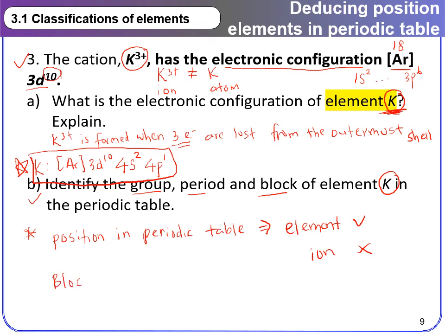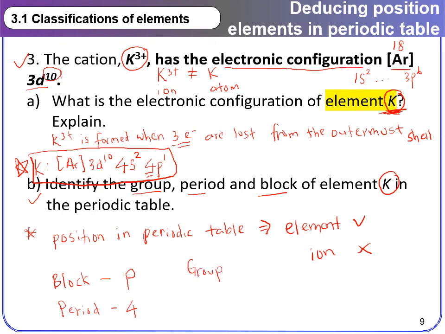As we discussed before, we normally determine the block first. So what is the block? The last electron fills the 4p, so element K is a p block element. What is the period? The highest energy level is 4, so it is in period 4. And what is the group?